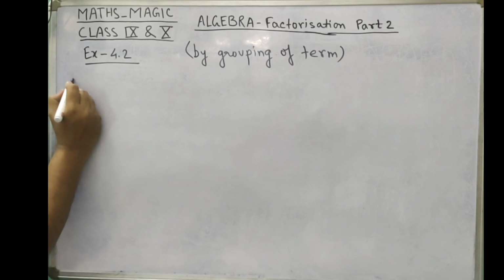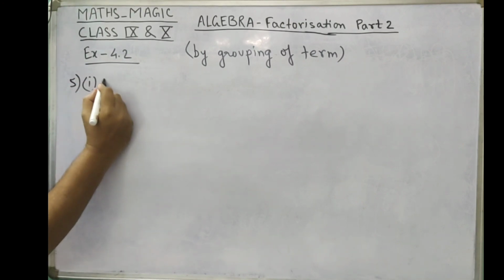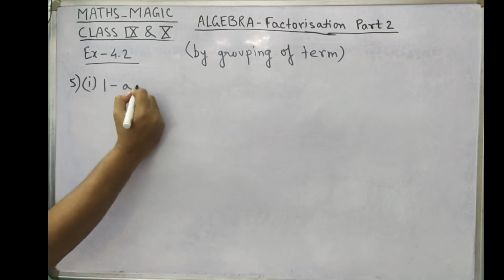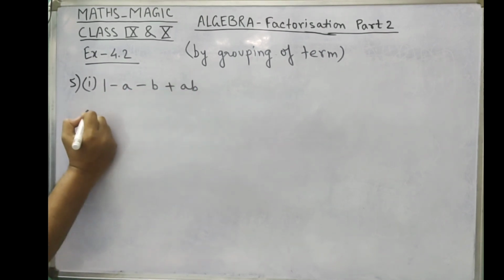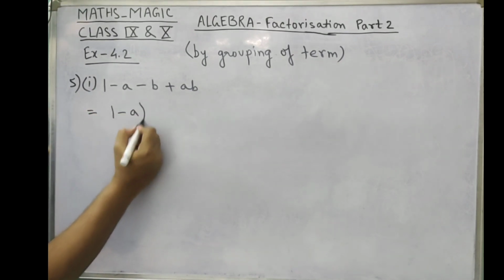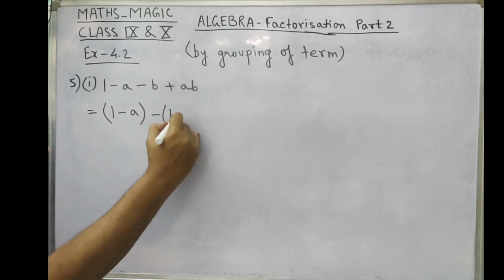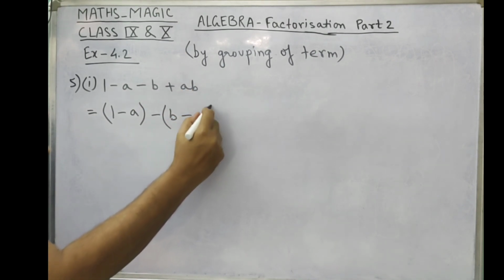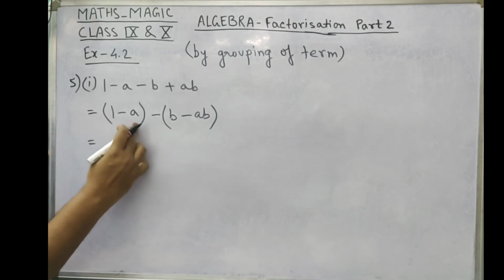Now let us do sum number 5, part 1. 1 minus a minus b plus ab. Similarly, we'll do the same way. 1 minus a in a bracket and minus this one in bracket, sign change. Okay, I cannot do anything for this, so I just put 1 outside.